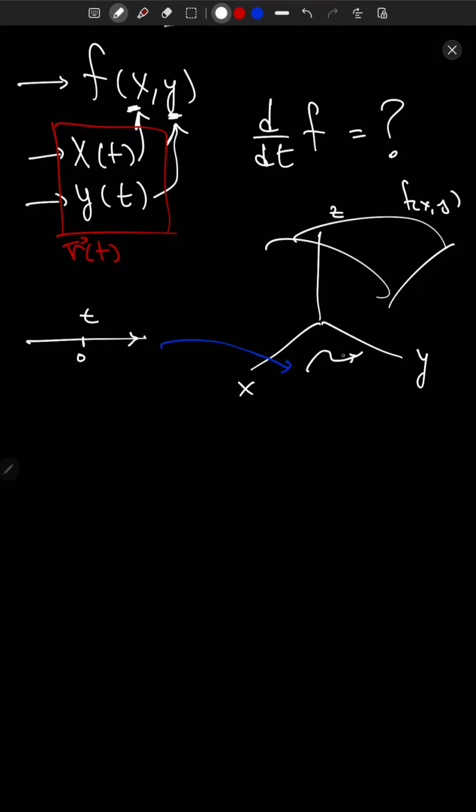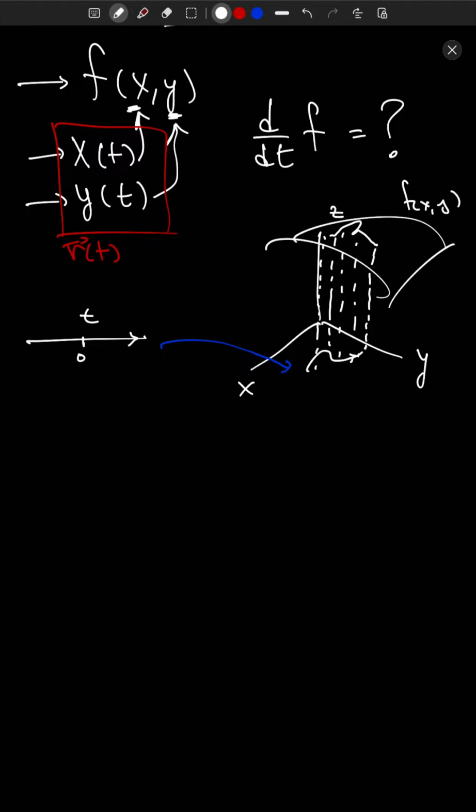So this is entirely in the xy plane. And then what we do is we're plugging those values into our function f. So now we're going up until we hit the graph of f. And whatever we hit on the graph, that's going to give me ultimately my final value of this composition function f.